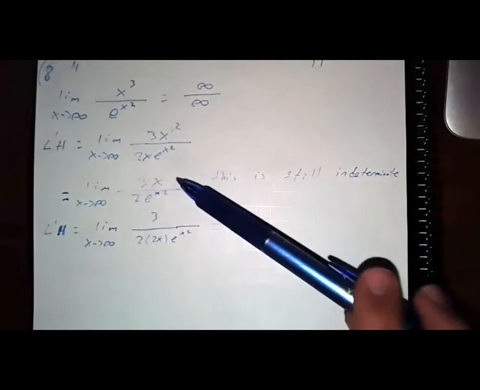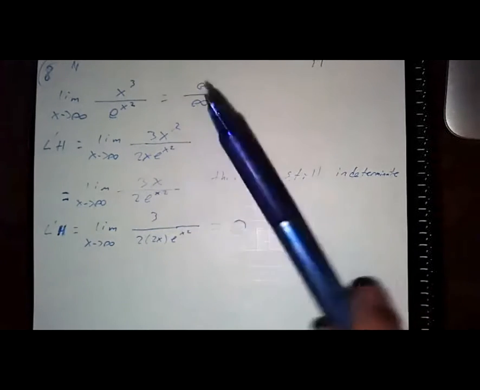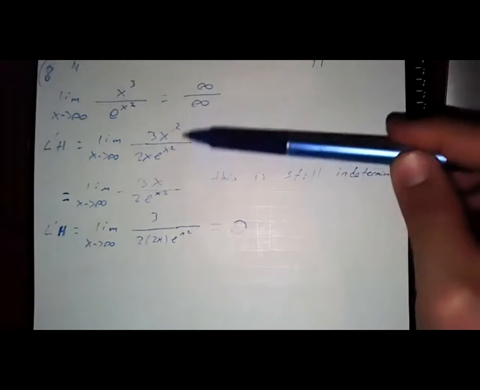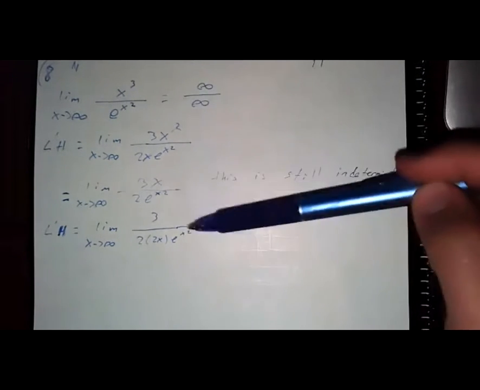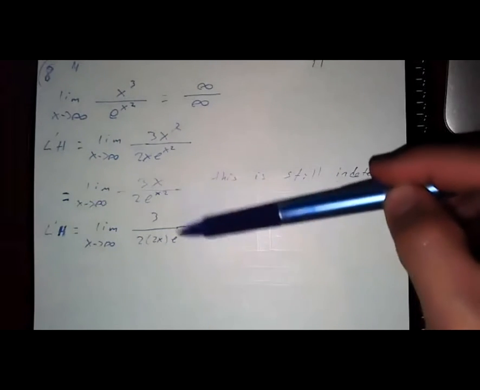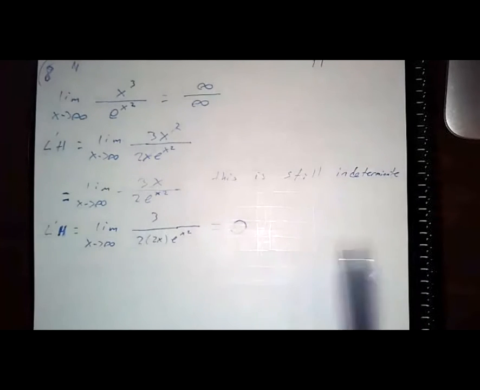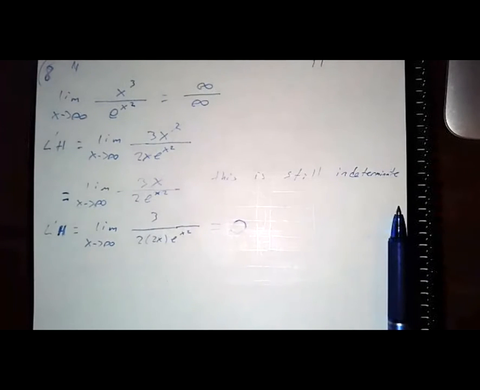So we did it once, and it was still indeterminate. We did it again, and then it was no longer indeterminate. It was simply 0. Okay, thank you. So just do it as many times as you need to, assuming you still have an indeterminate form. You are not able to do it if you do not have a 0 over 0 or infinity over infinity.